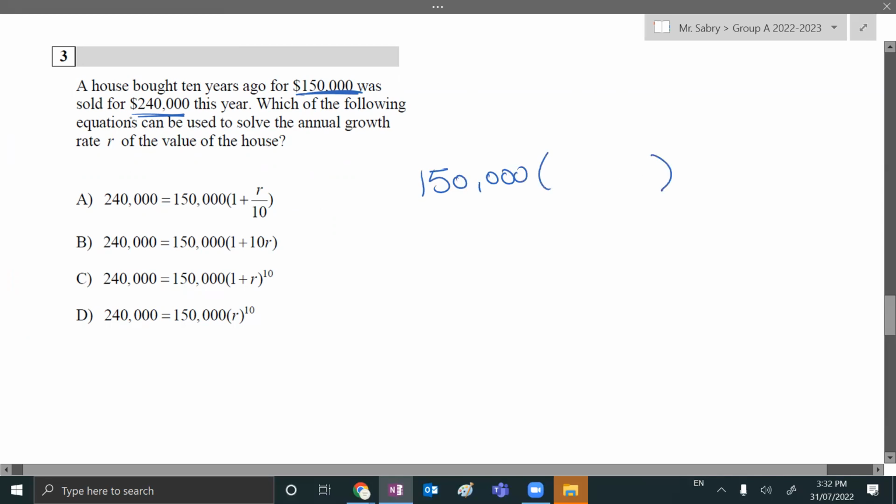Because the house is increasing, the rate must be 1 plus something. Now remember that I actually told you the percentage is supposed to be divided by 100. And then all of this to the power of 10. The answer in this case must be the 240,000 overall.